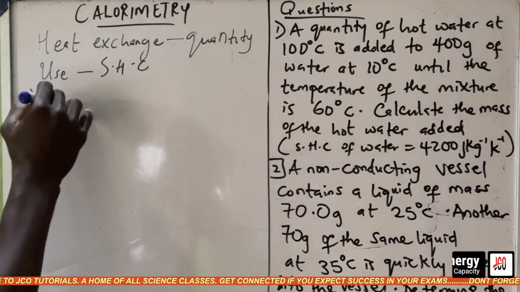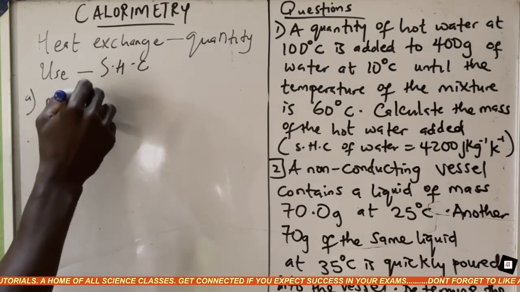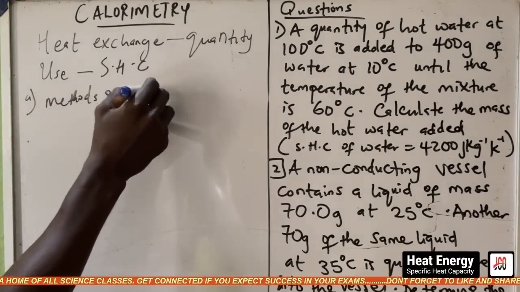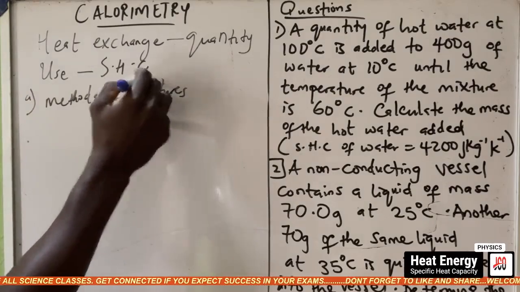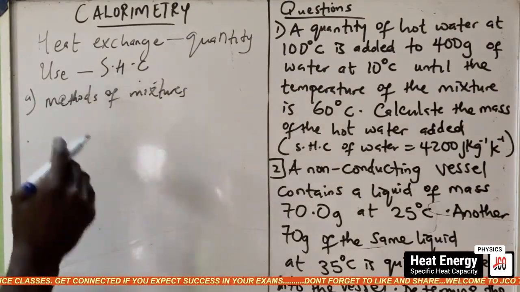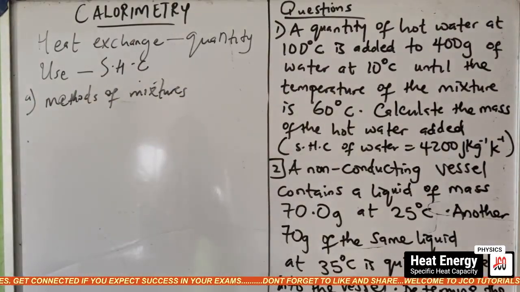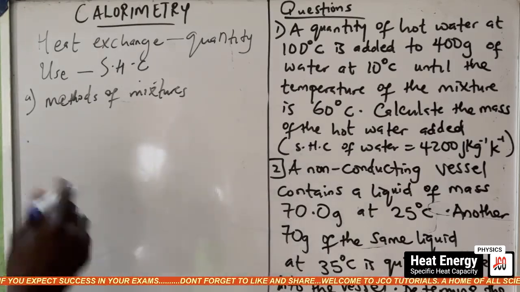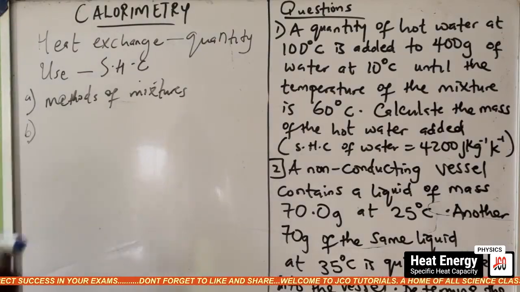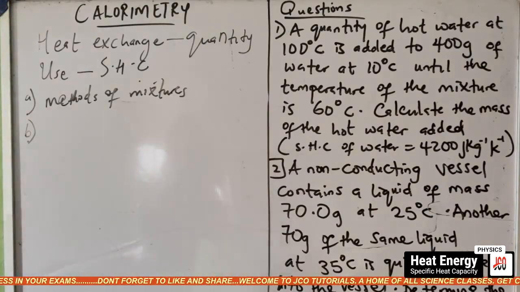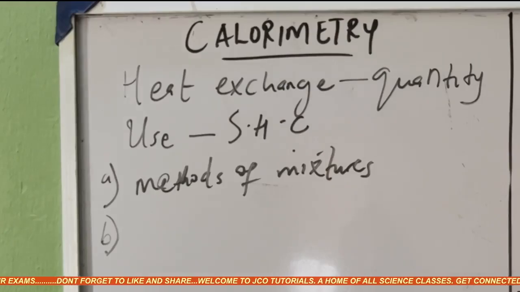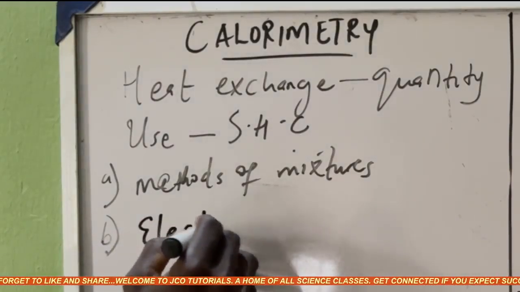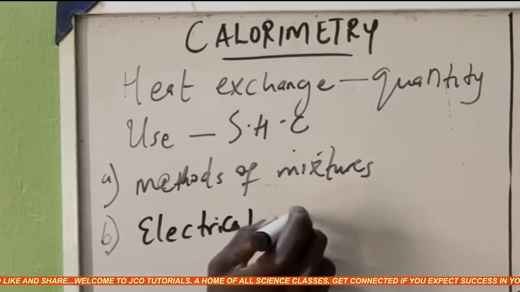The first one is the method of mixtures, where we mix two liquids, or a liquid and a solid, to find out what the specific heat capacity is by how many degrees the temperature rises. The next method is the electrical method.